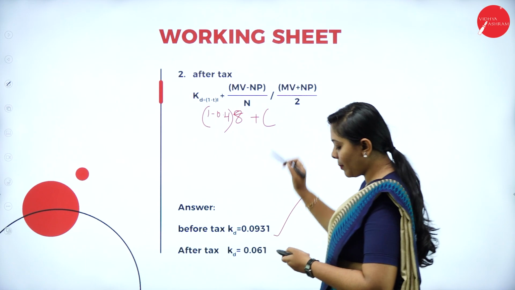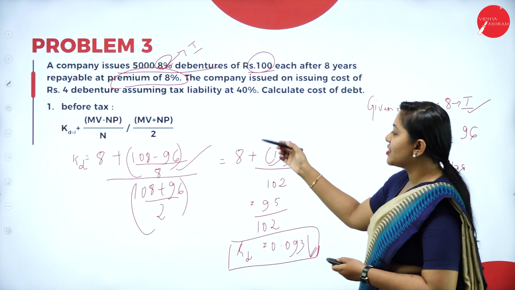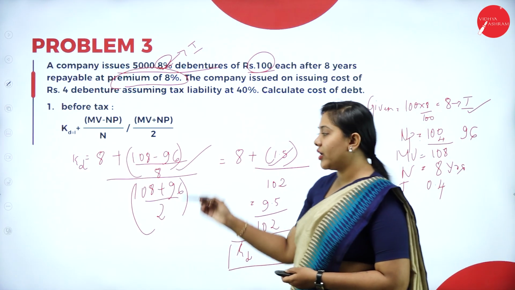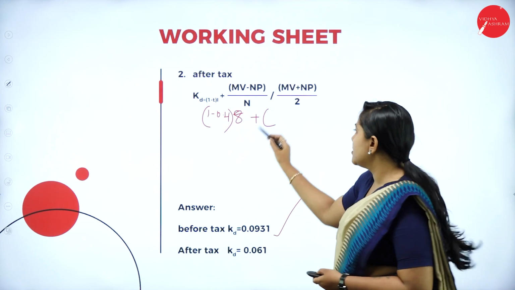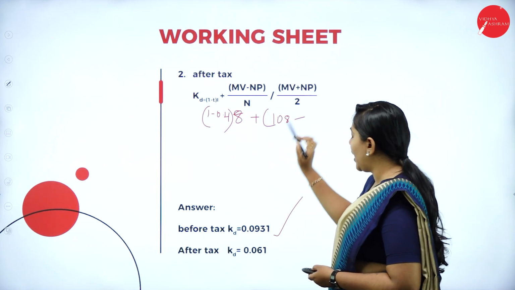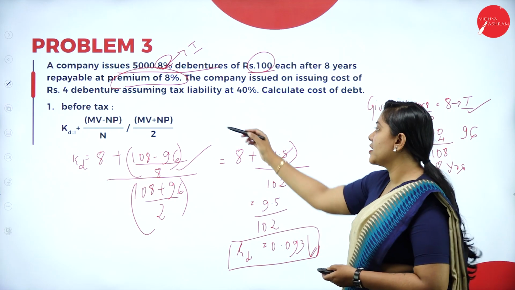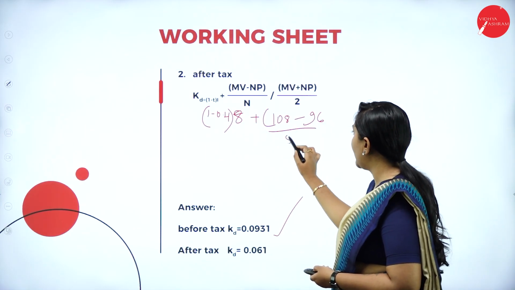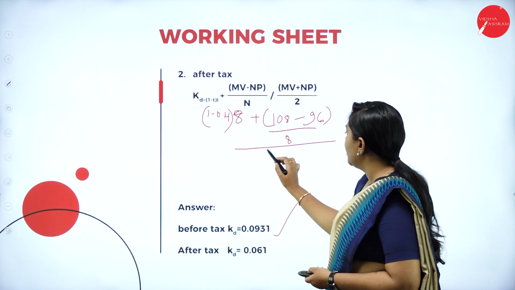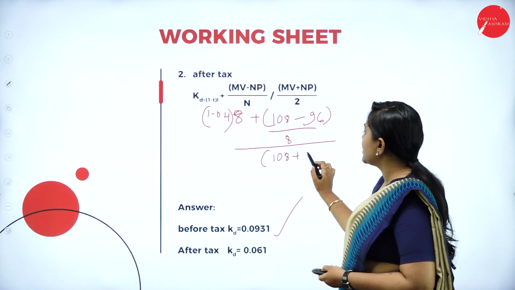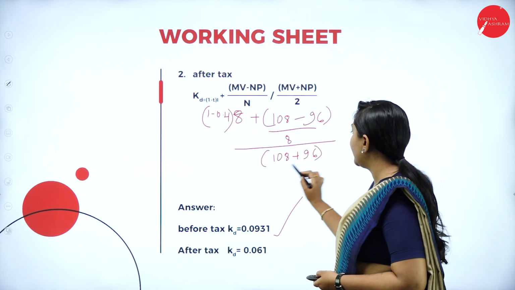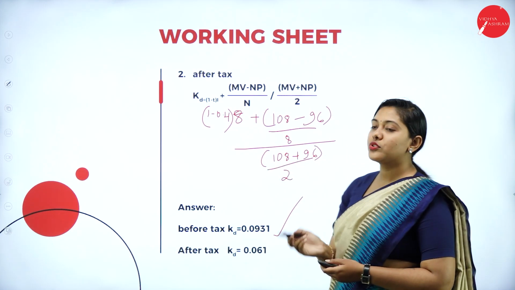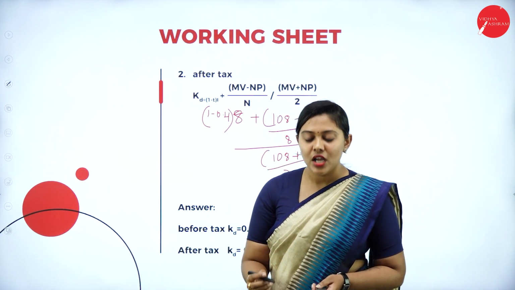Plus what is the maturity value? 108, minus what is the net proceeds? The net proceeds is 96. Number of years is 8, whole divided by 108 plus 96 divided by 2. So if you substitute these values, you will get the answer.